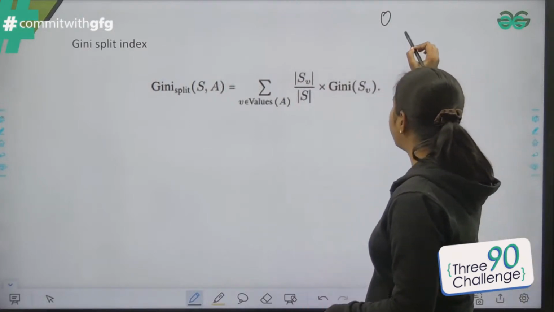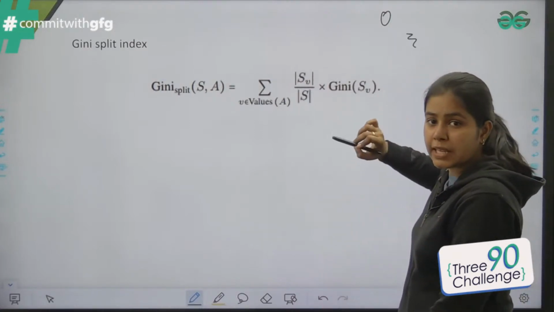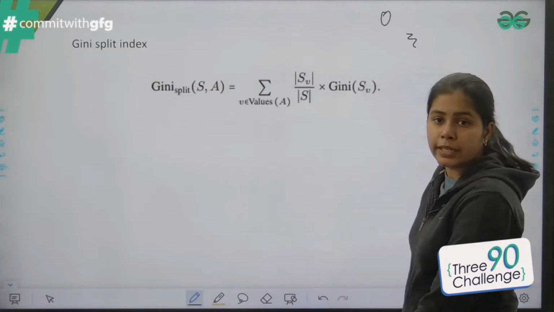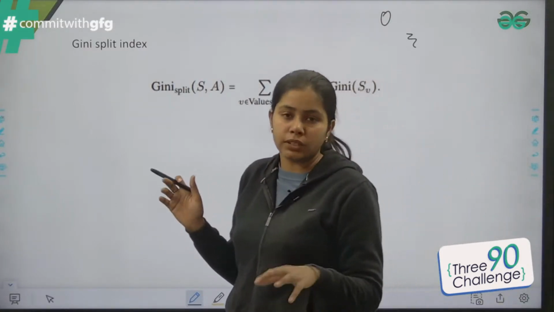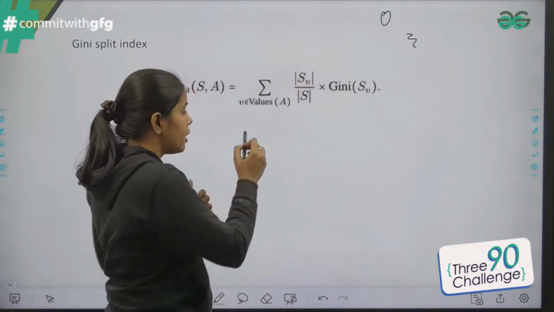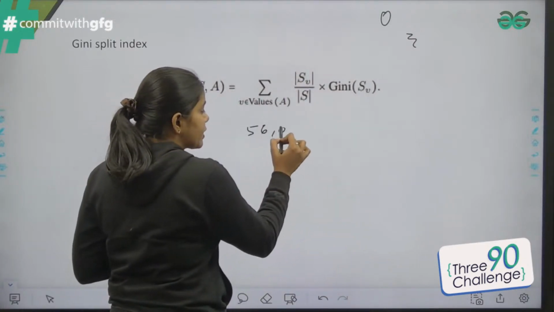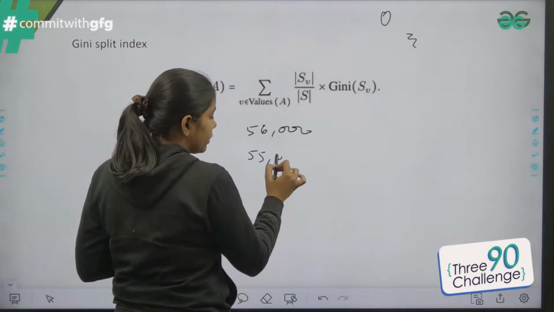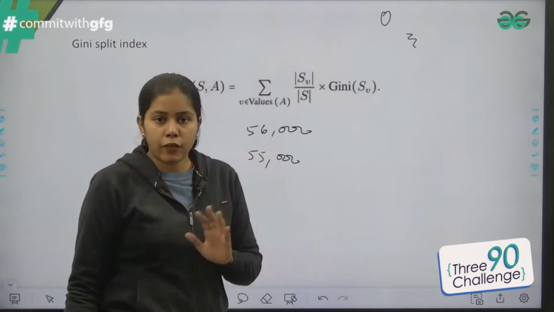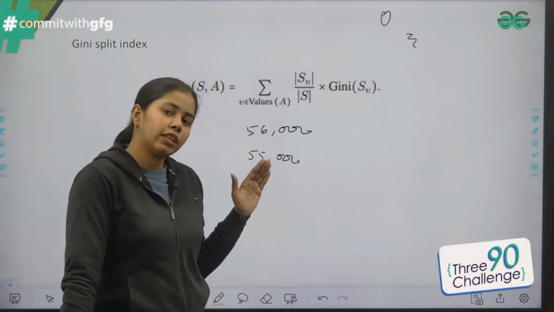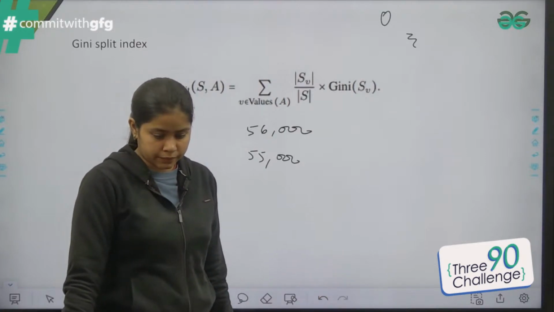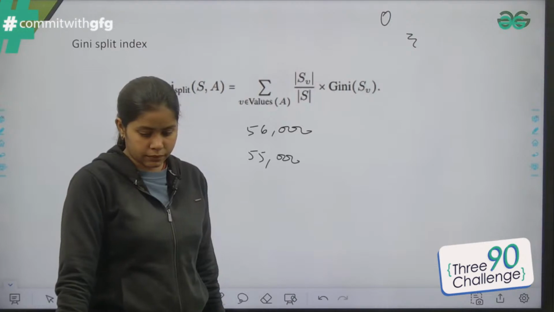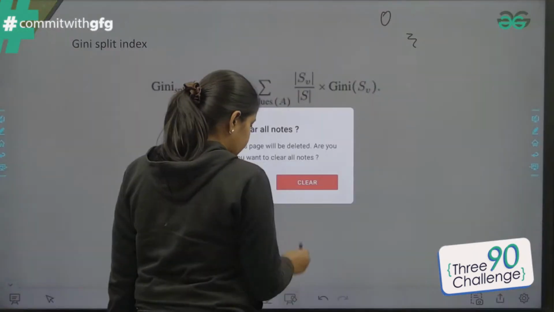Let's suppose we have numerical data, right? This is classification, so we have to convert that into classification. Like I told you, if the salary is greater than 50,000 or less than 50,000, there may be a possibility that it is 56,000 or 55,000. So I'll form a class, meaning it is greater than 50,000 or less than 50,000, right? So that's how it works.